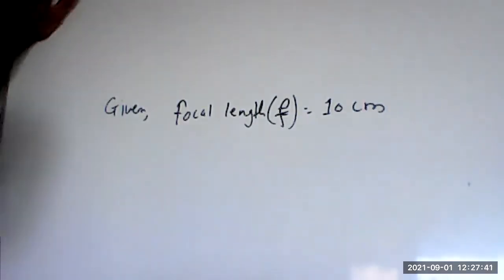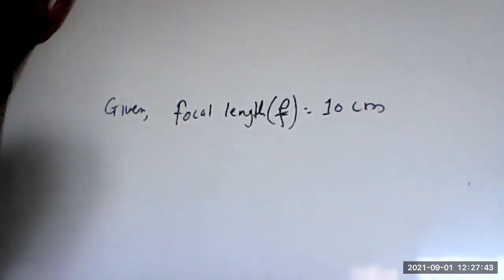Find the power of his lens. What is given there? Given: focal length f is equal to what? 10 centimeter, not meter. Focal length is 10 centimeter.